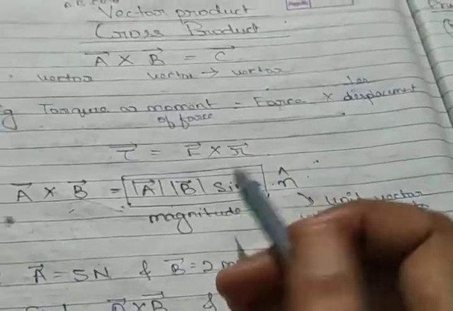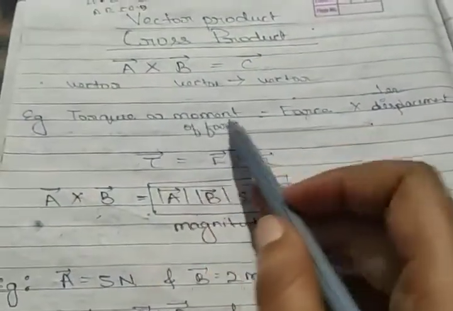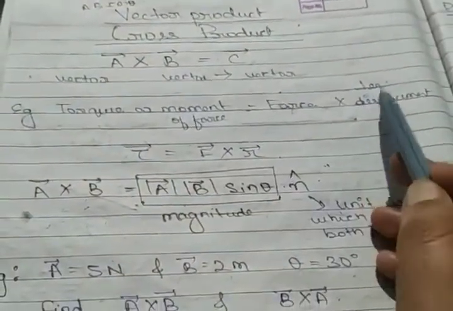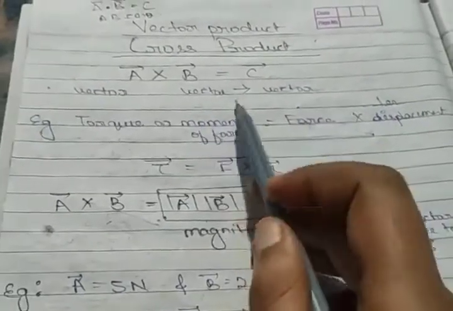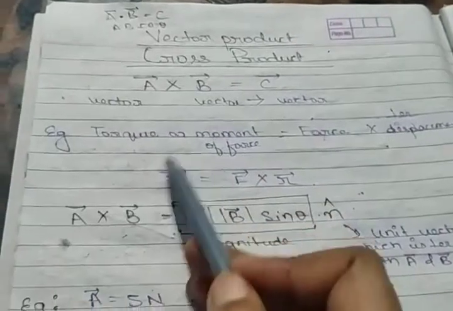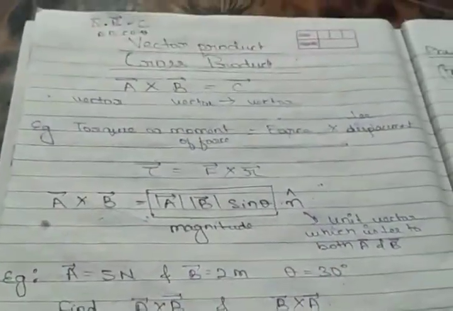For example, like torque or moment of force. What is that? Force into perpendicular displacement. Force is a vector quantity, displacement is a vector quantity, and the result of the product is torque, that is also a vector quantity. But what is the meaning of A cross B?